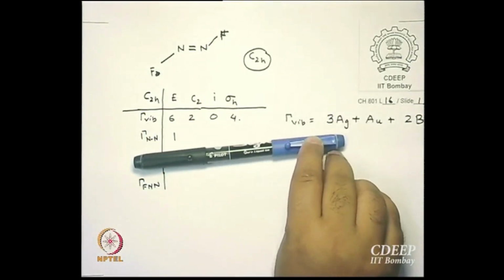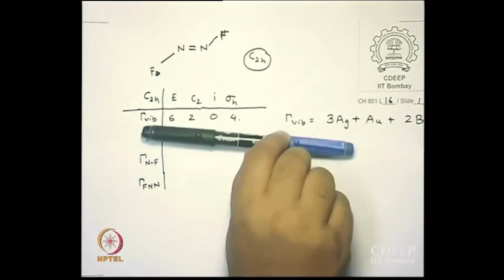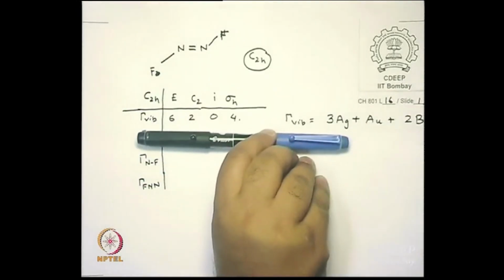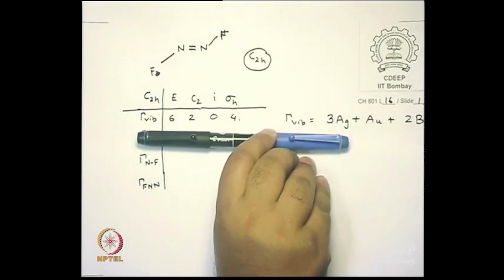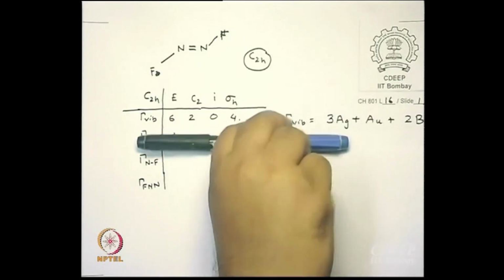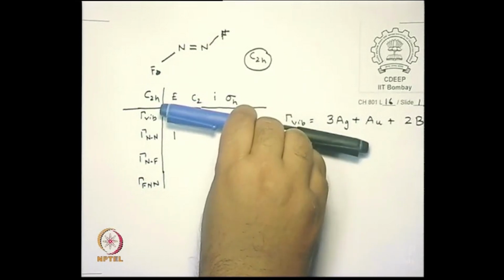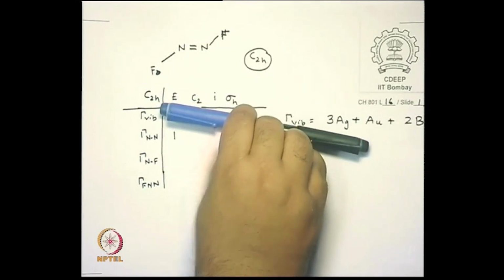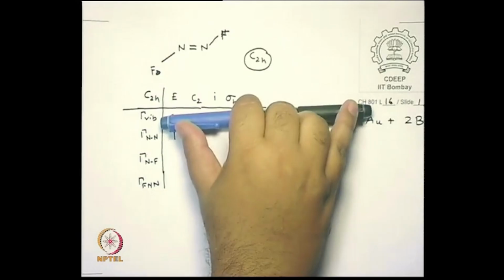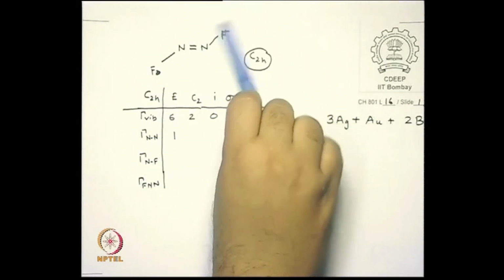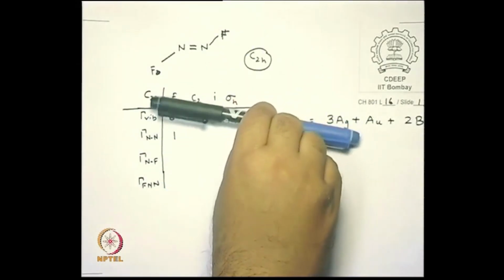Assuming you are colorblind, cannot differentiate between blue and black, this is the NN stretch, the whole thing. It does not matter if you turn it around by 180 degrees, it remains the same, isn't it? If this was a blue cap, this was also a blue cap. In that situation, even if I turn it by 180 degrees, does the sign change?